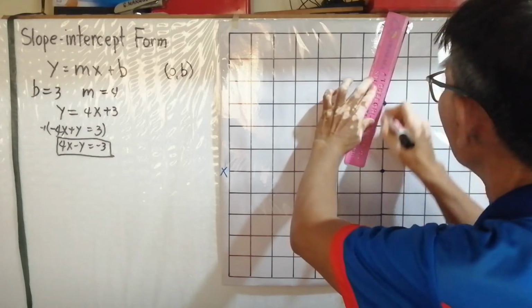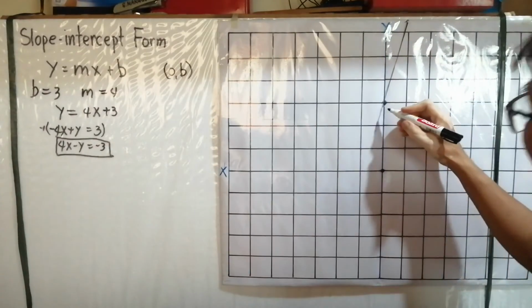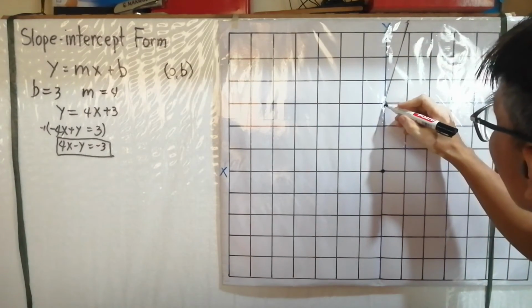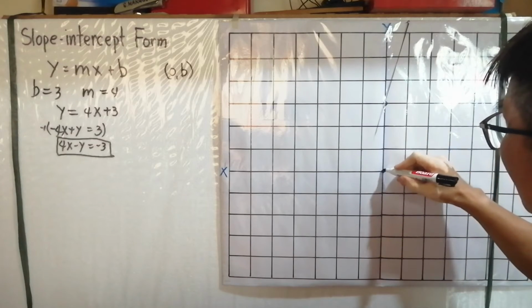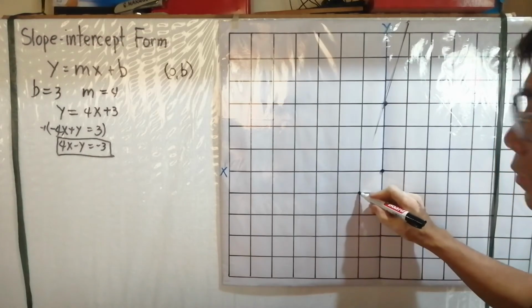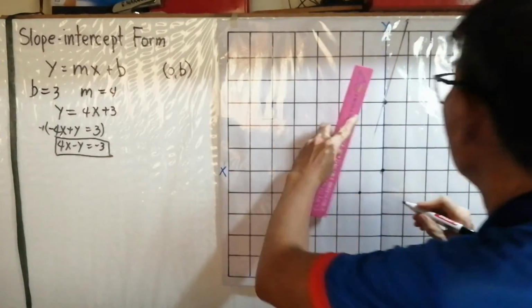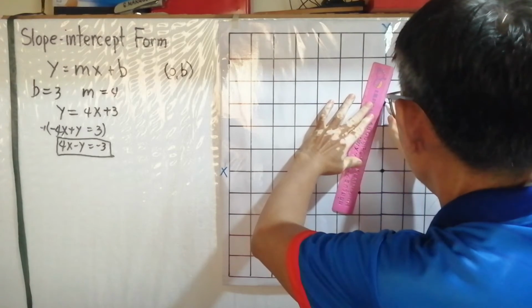Or it is clearer, you may use this: you go down 4 units, 1, 2, 3, 4, and going to the left also. Anyway, it looks like that.